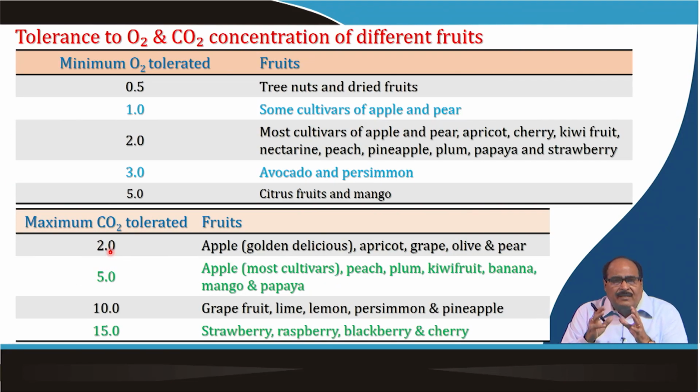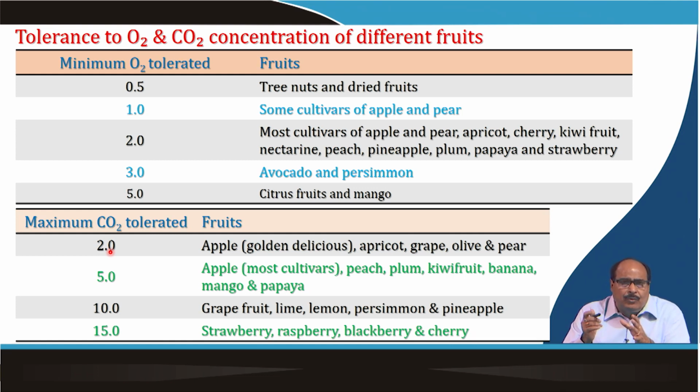The tolerance levels are given in this table. In the modified atmosphere, the level of oxygen is generally lowered and the carbon dioxide content is increased, and a proper balance between O2 and CO2 is maintained.